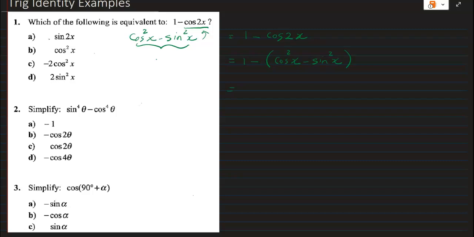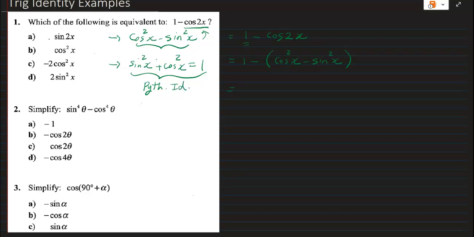When you have 1, there is another very famous, fundamental identity that we will use, the Pythagorean identity, which says sin²x plus cos²x is equal to 1.